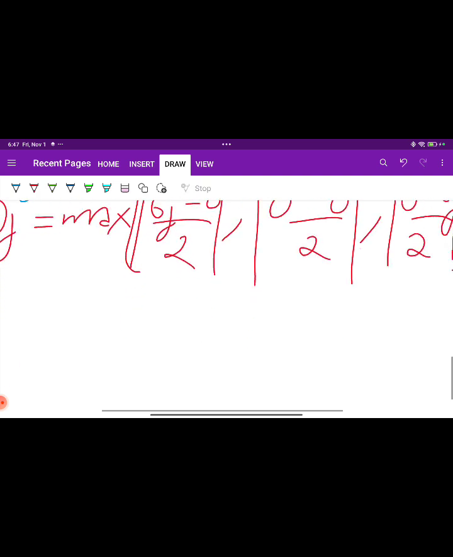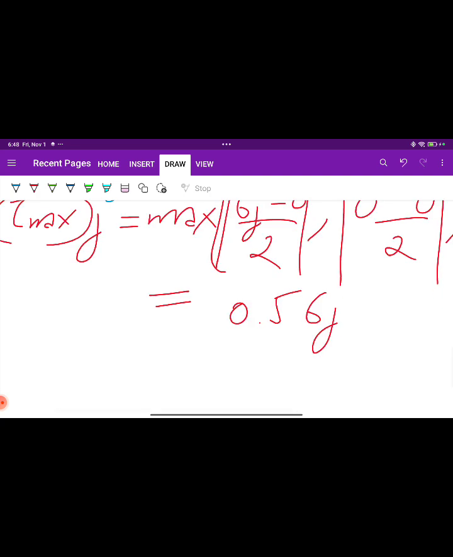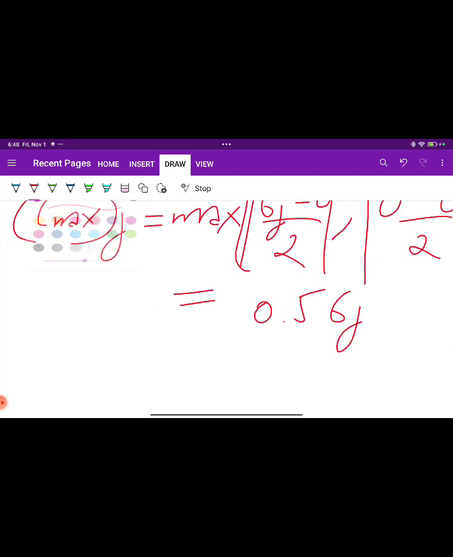Obviously this will be equal to 0.5 sigma f, and either of the two we can take from it. So tau max at the time of failure will be this. This is the condition and criterion for the maximum shear stress theory of failure.